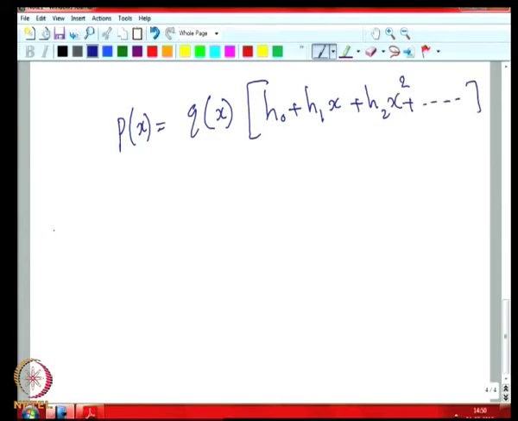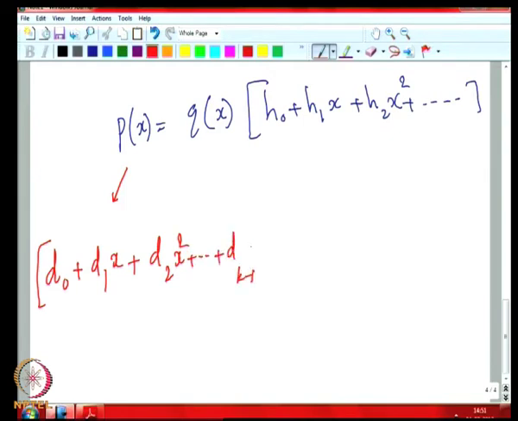Now let us say this p of x is d0 plus d1 x plus d2 x square plus and so on up to dk minus 1 x raised to k minus 1, because we are saying that p of x is a polynomial of degree strictly less than k.